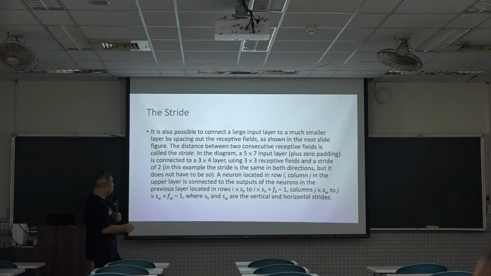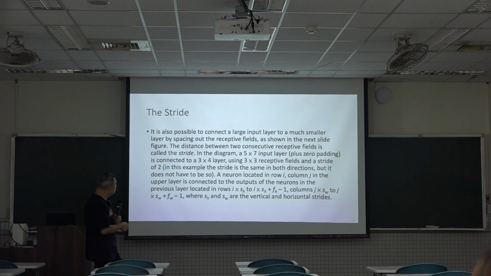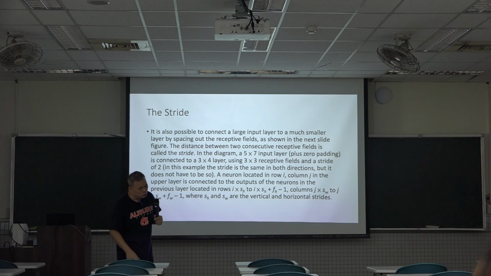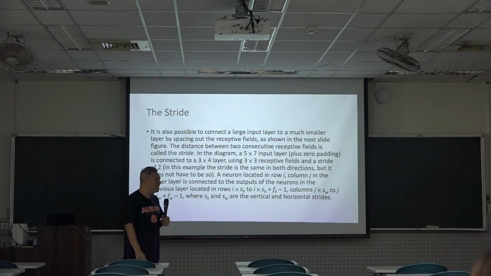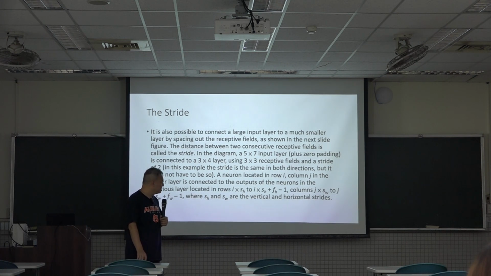But be careful, because the stride could be different in the 2 directions. But to be honest, even though I say the stride could be different on the width and the height, actually in most cases you will see the strides for width and height are set to the same value.